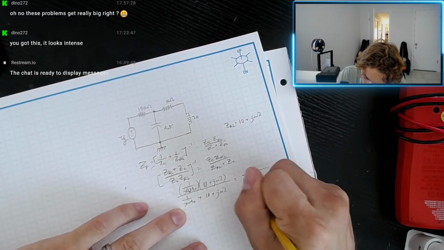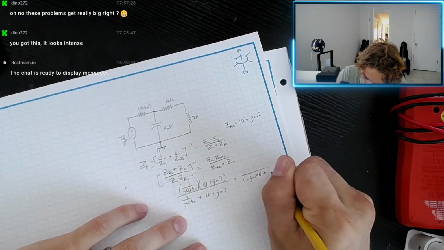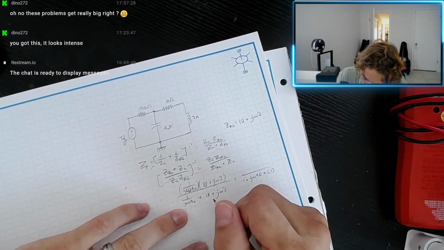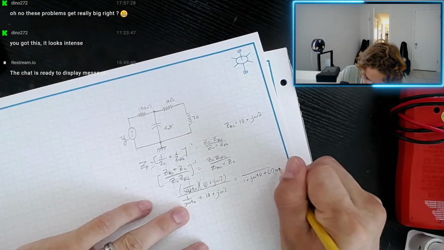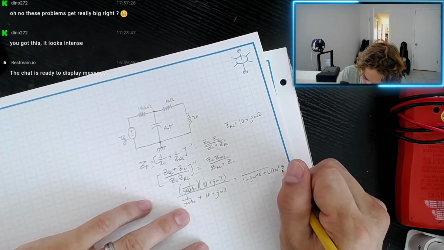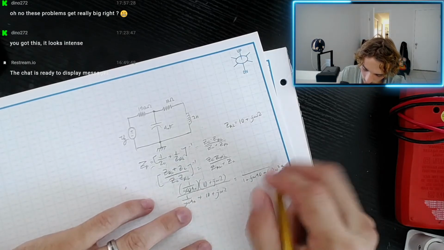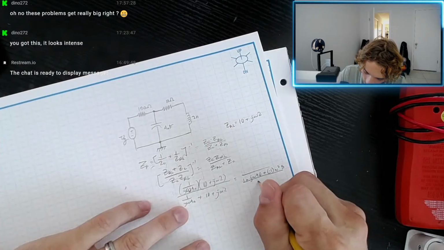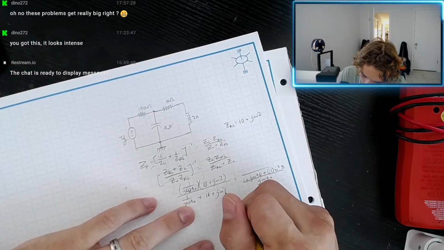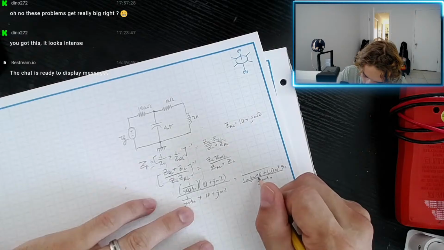So 1 plus j omega 40 plus negative 1 omega squared 8, all divided by j omega 4 mil. 2 times 4, that's mil also. 40, that's the 10.